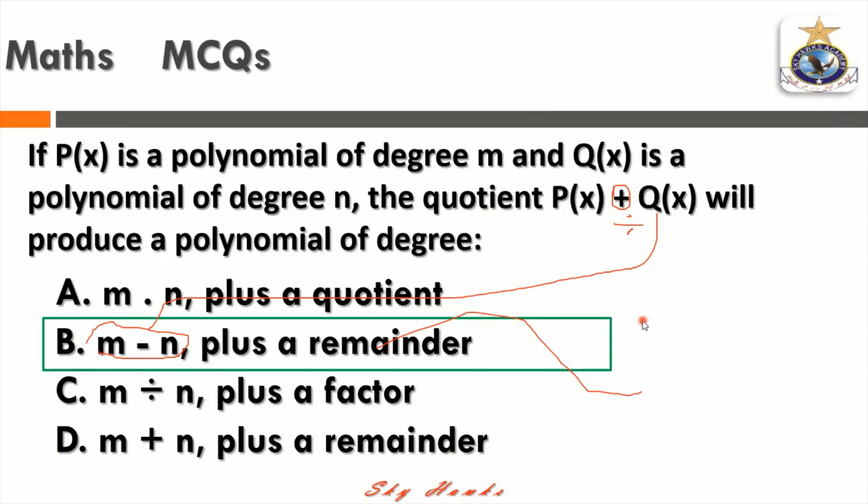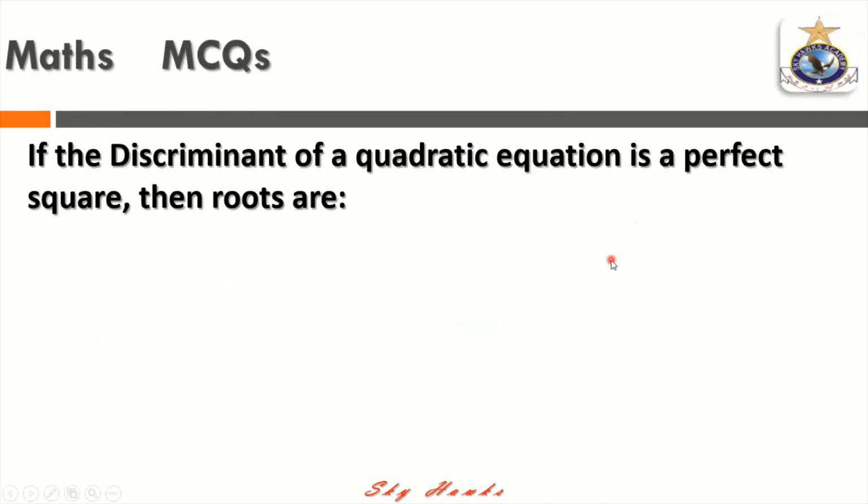Anyhow, the next is, yes, here is the next question. Please read this one. If the discriminant of a quadratic equation is a perfect square, then the roots are? Okay. So the choices are: real and equal, good.